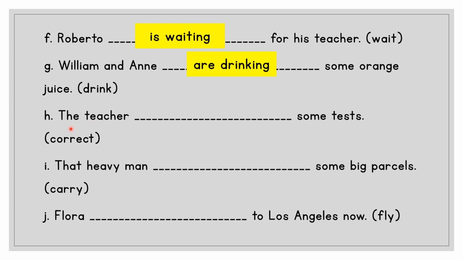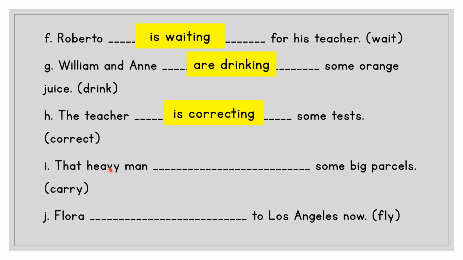Okay, next. The teacher. How many people is the teacher? 1, singular or plural? Is or are? Seorang kan, singular. So we use is. Okay, so the verb is correct. Kita tambah ing. So dia jadi is correcting some tests. Sedang membetulkan beberapa ujian. Alright.